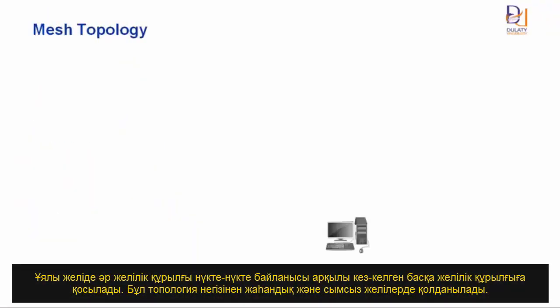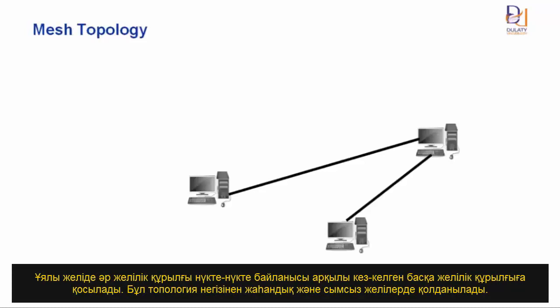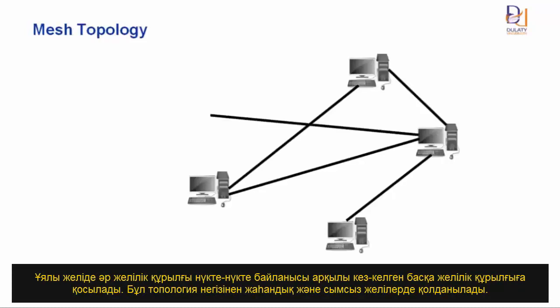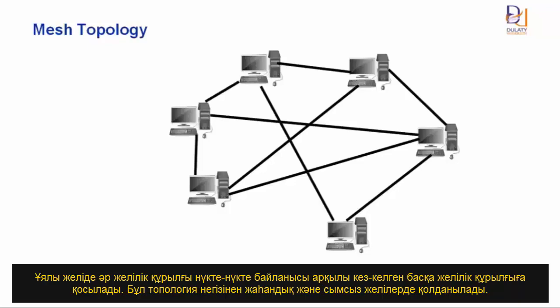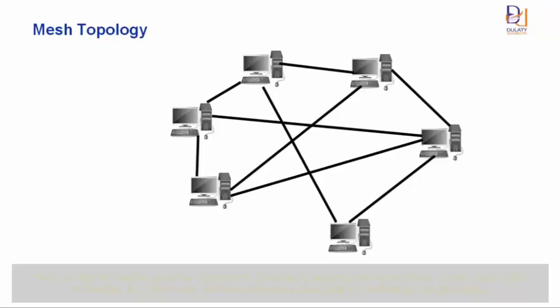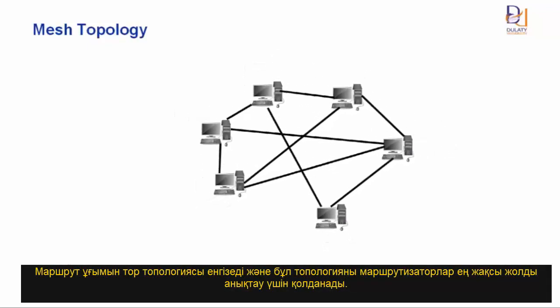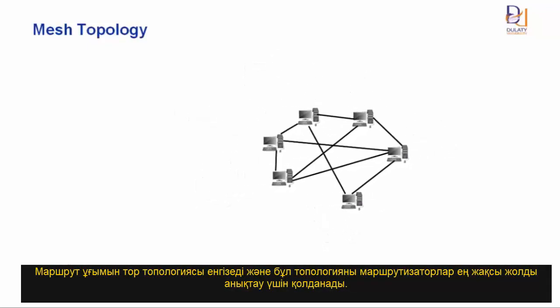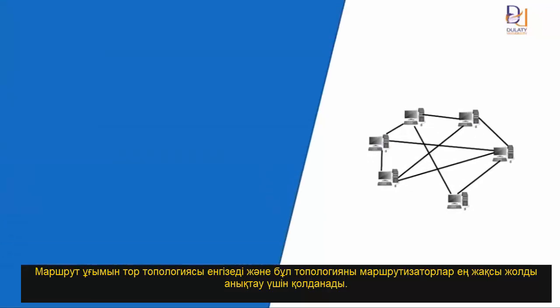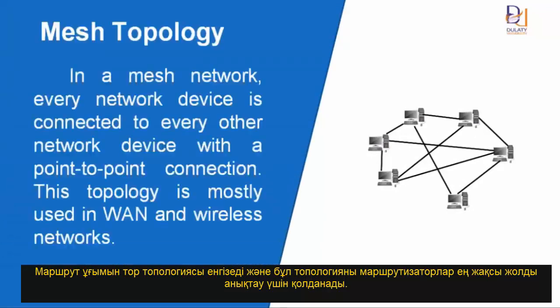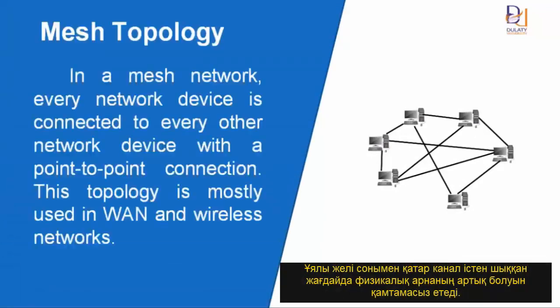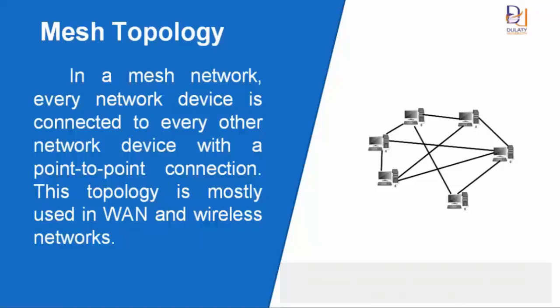In a mesh network, every network device is connected to every other network device with a point-to-point connection. This topology is mostly used in WAN and wireless networks. The routing concept is introduced by mesh topology, and this topology is used by routers to determine the best path. Mesh network also provides physical link redundancy in the event of a link failure.